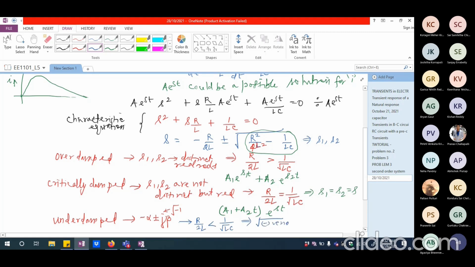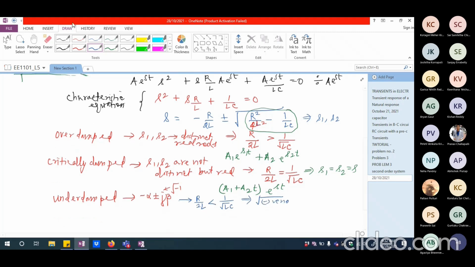So that is the reason why we are getting imaginary roots, and this is going to result in the solution, which is going to be something like, if I say this is alpha and beta, e power minus alpha t multiplied by, say, a1 cos beta t plus a2 sine beta t.